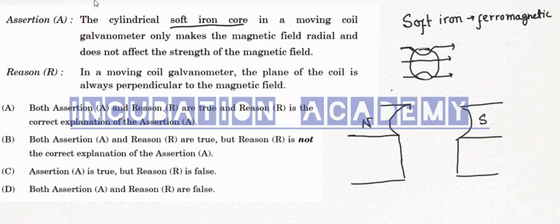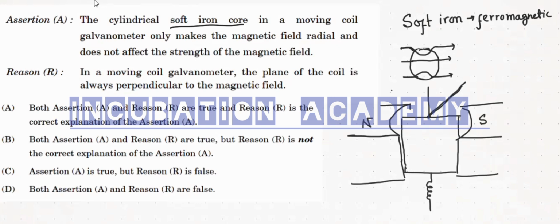Here is a rectangular or square-shaped coil, which is hung with the help of a string, and obviously a spring is attached, and with that coil this pointer is attached.